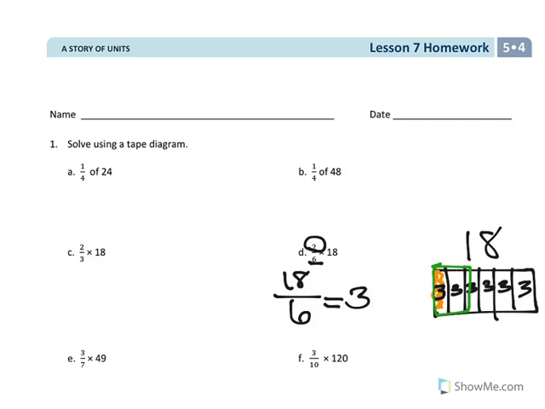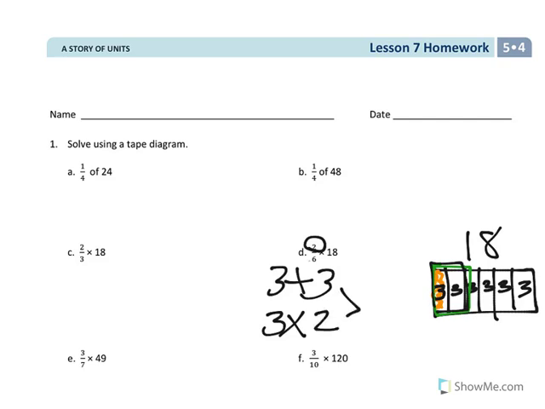So I can do 3 plus 3, which is 2 of those rectangles, or 3 times the 2, because both of these equal 6. Therefore, 2/6 times 18 is 6.